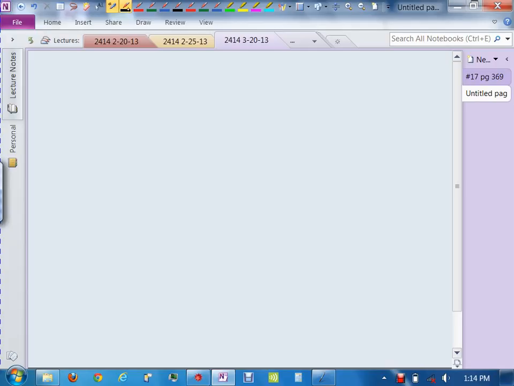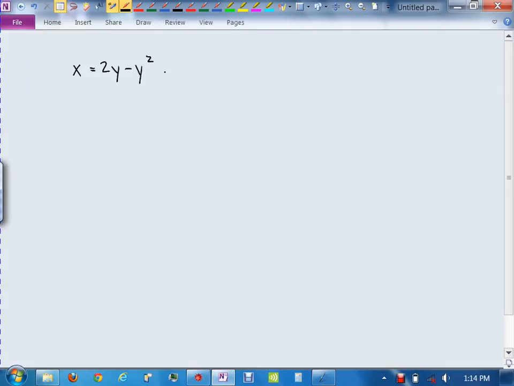How about we want to take the region x equals 2y minus y squared, and the other curve is x equals 0, and I want to revolve or rotate this about the line.